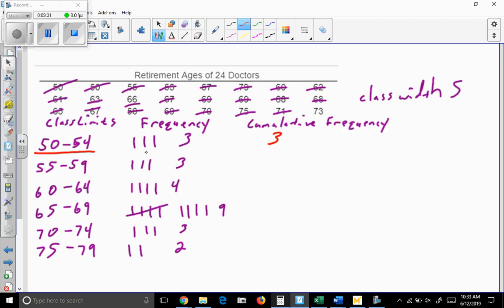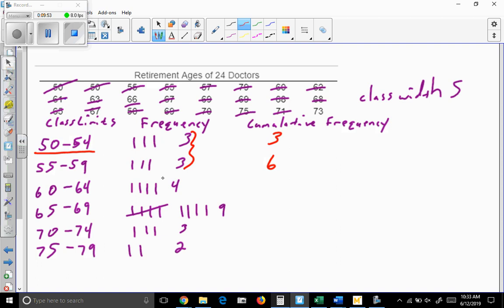When we get finished with the next class, we'll have added 3 more, so we have a total of 6 pieces of data now. So 6 is the number of data elements from 50 up to 59.